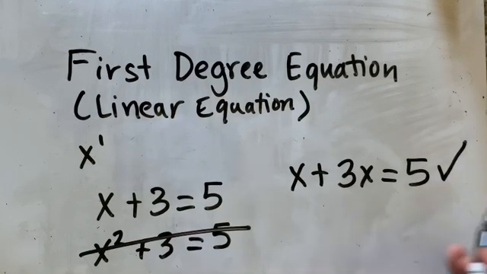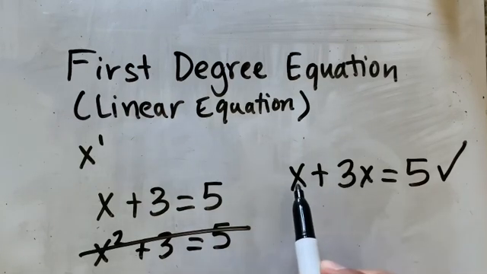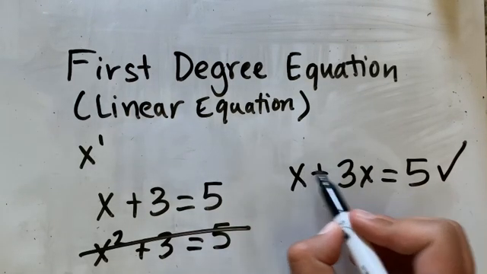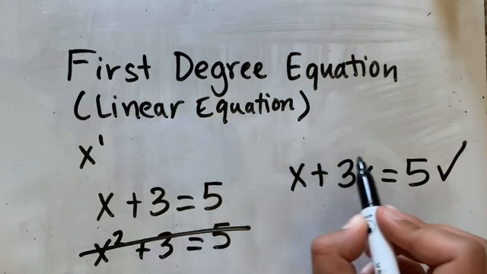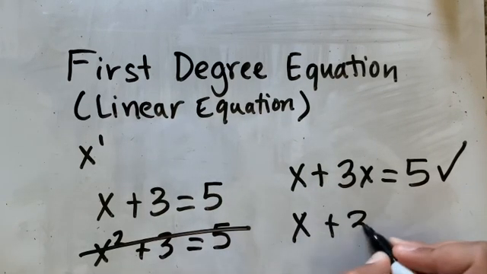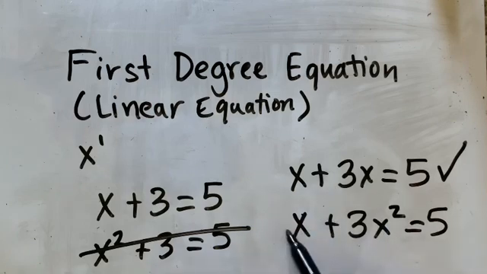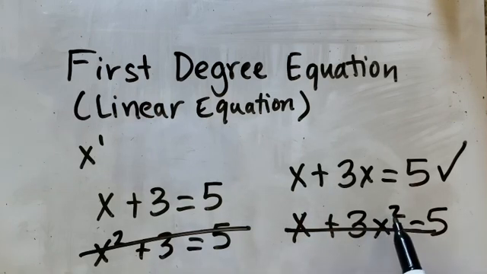This is a first degree equation because both x's are raised only to the first power. But if you had x plus 3x squared equals 5, this is not a first degree equation due to the exponent there. Now let's do some examples.